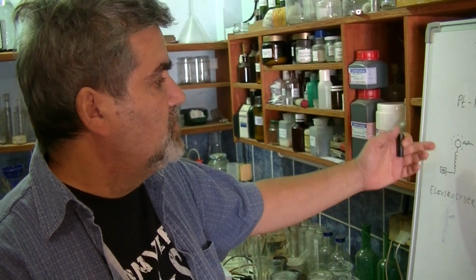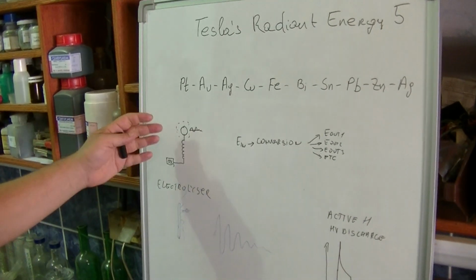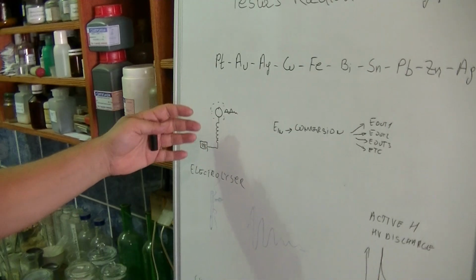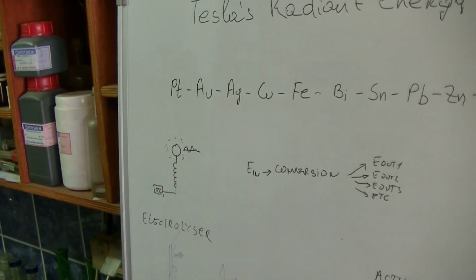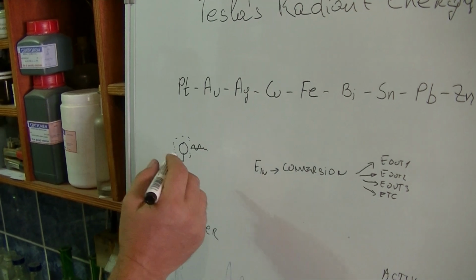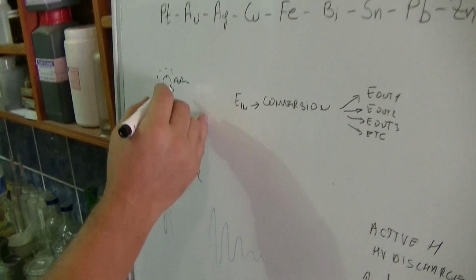If you go back to the most commonly used radiant energy generator, it is some kind of coil which oscillates at high frequency by self-oscillating.